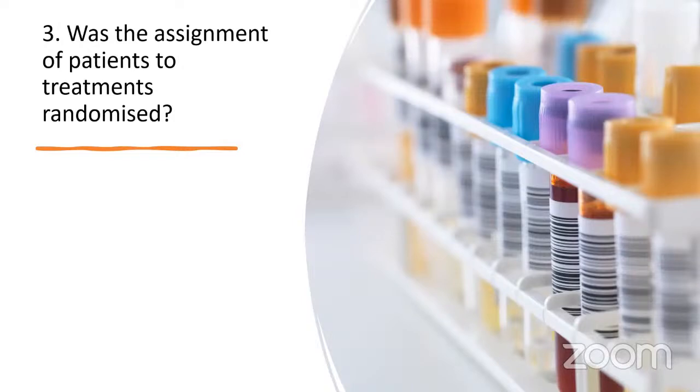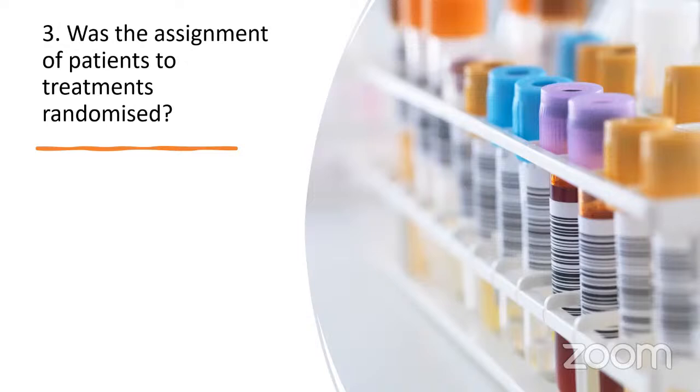So, was the assignment randomized? This is basic for a randomized control trial. It should be explicitly stated, and the method of randomization should be stated. If that is not clearly stated, then you know that although they use the name randomized, the way they performed randomization is not adequately described.